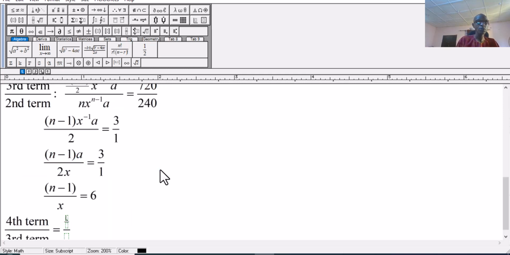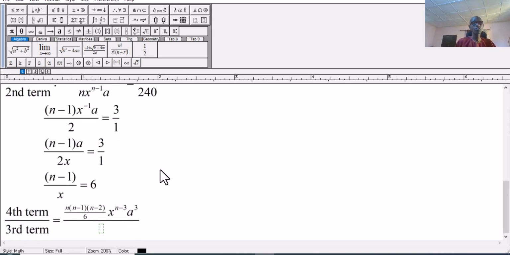We have n(n-1)(n-2) over 6, then x^(n-3) a cubed.